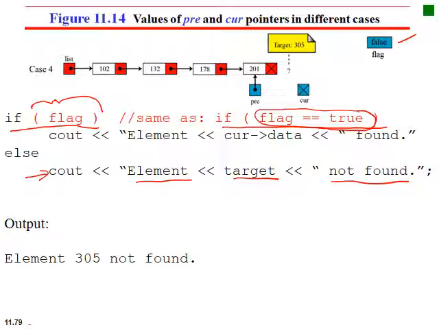If it's anything else, a positive number or a negative number, it yields true. True is actually equivalent to the number 1. And then if flag, in other words, if 1, it would mean true and it would execute. But in this case, flag would still be false, which in the background is a 0. So it checks that if flag is a 0, it means it's false, and therefore the else part actually executes. Okay.